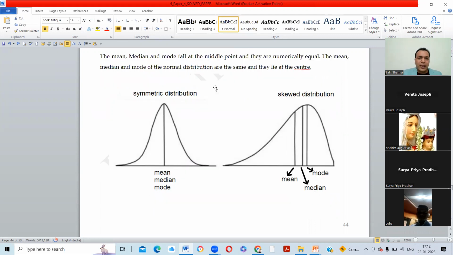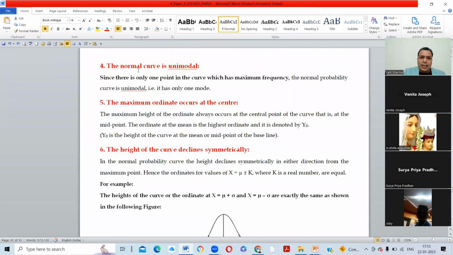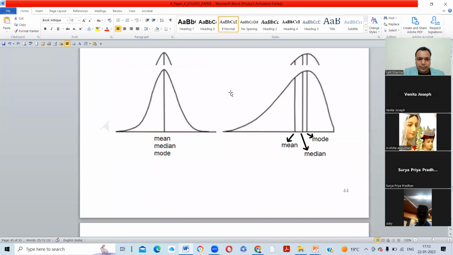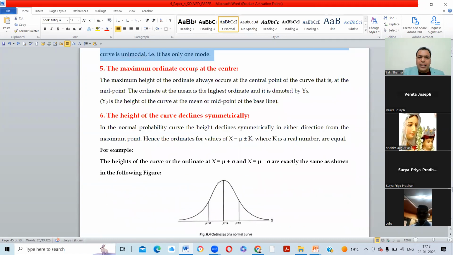Number four. This normal curve is unimodal. What is the meaning of unimodal? Read from here. There is only one point in the curve which has maximum frequency. Yes, one point, see maximum frequency. There is one point on the curve, it is unimodal.